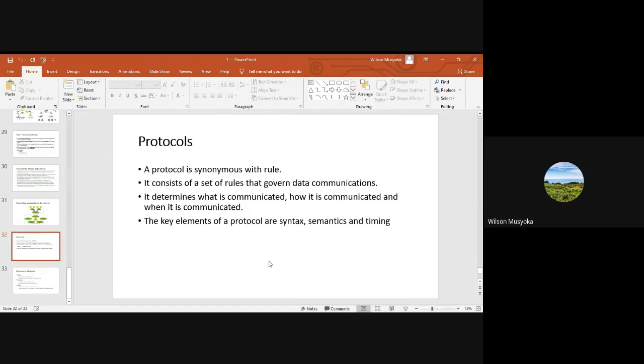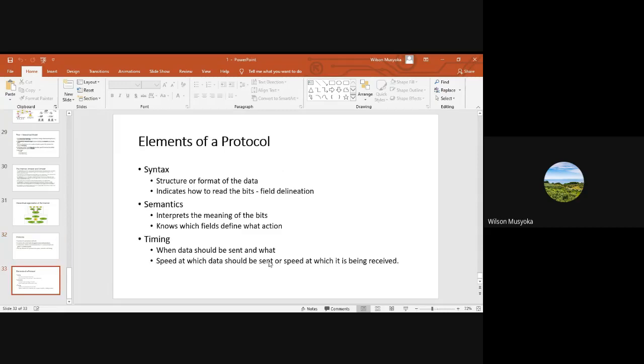For these two nodes to communicate, to exchange information or to transmit data, that is where protocols come in. These are a set of rules that govern communication. They determine what is being communicated, how it is being communicated, when it is being communicated. And those three things form the syntax, semantics, and timing.